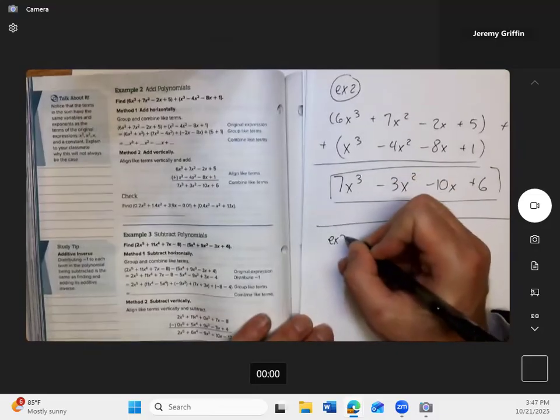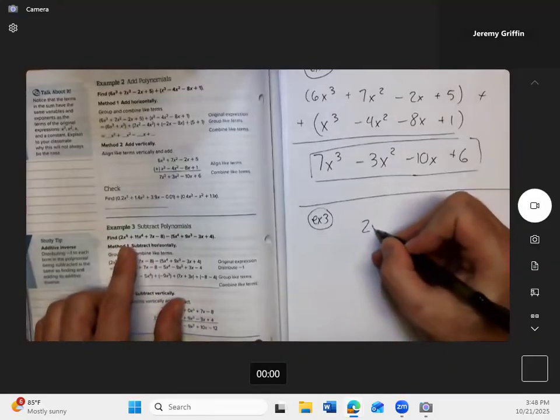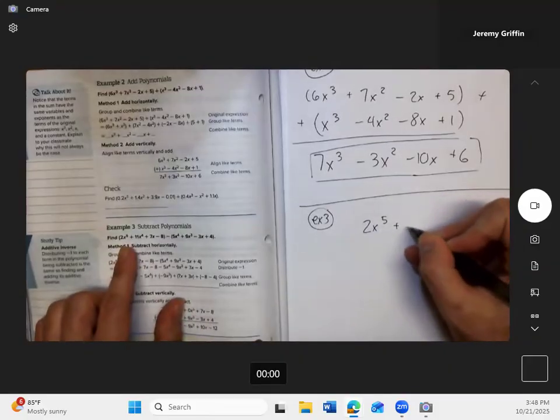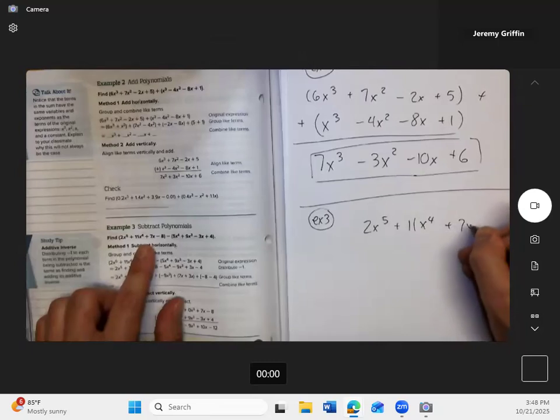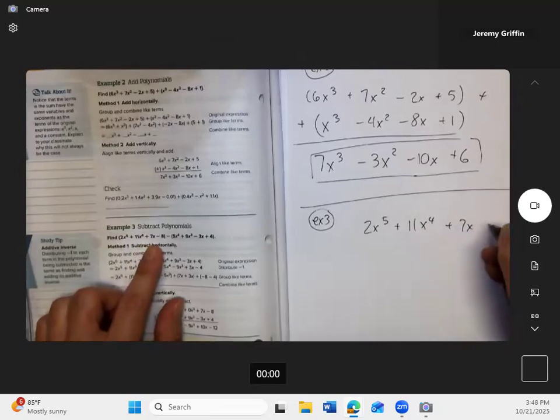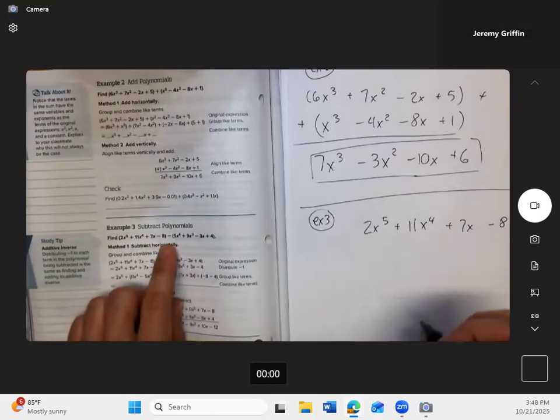Subtracting polynomials. So example 3, subtracting polynomials. All right, so we have 2x to the 5 plus 11x to the 4 plus 7x and then minus 8. And we're going to subtract all this polynomial.